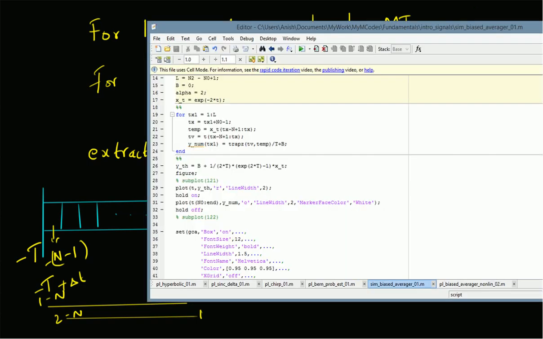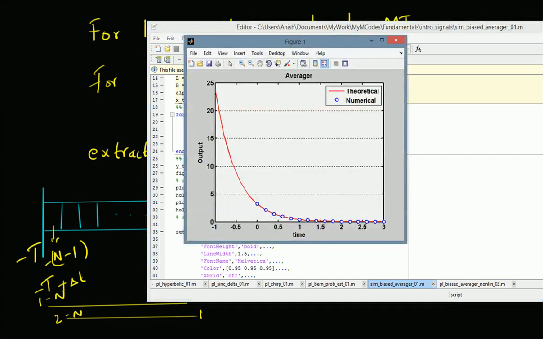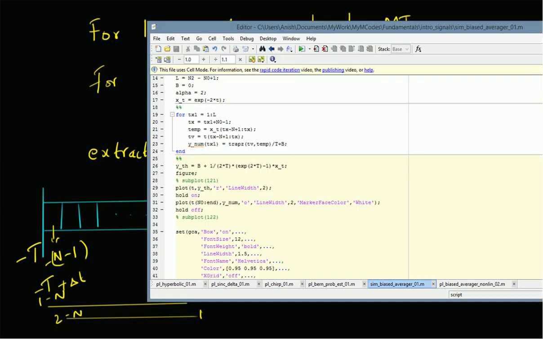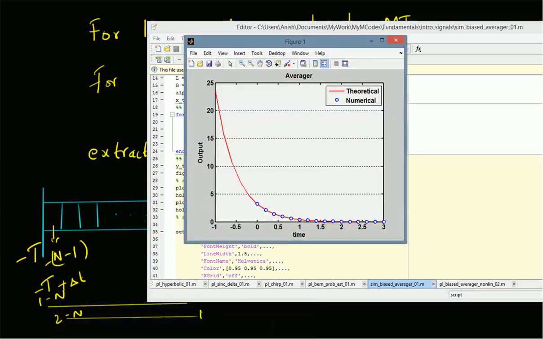Finally, we plot both the theoretical curve and the numerical values. The red one gives us the theoretical curve, which is basically (e to the power 2T minus 1) by 2T times e to the power minus 2t, and the blue circles give the averager value computed numerically by using our algorithm. We can clearly see that there is a perfect agreement between the theoretical calculation and the numerical calculation.